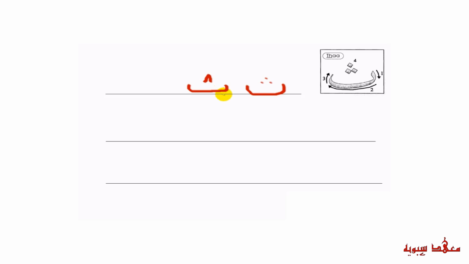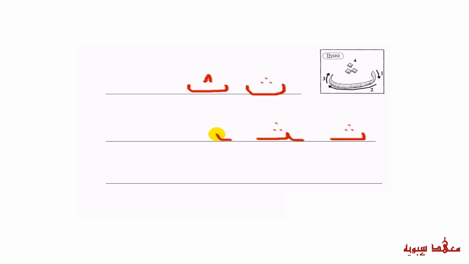Now let's get to the beginning of a word. It doesn't matter which dot you put first. There's no preference. So that's the beginning. Then we have the middle, so it's coming, and then, and finally the end.